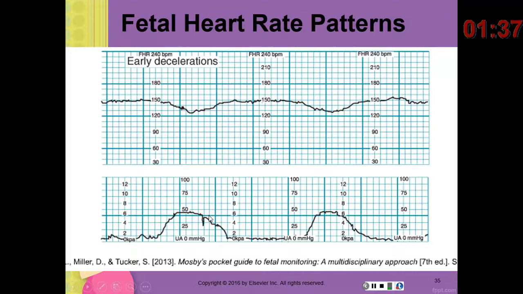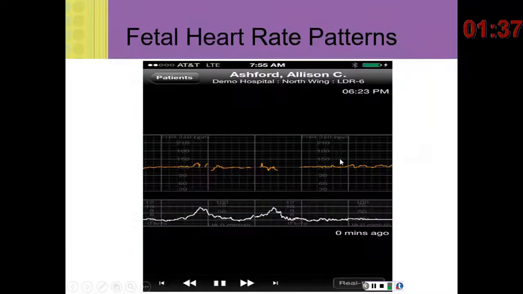If we have that IUPC in, we will be able to say, if that's what these numbers are for, it's 50 millimeters of mercury strong. That's the pressure that's going on.